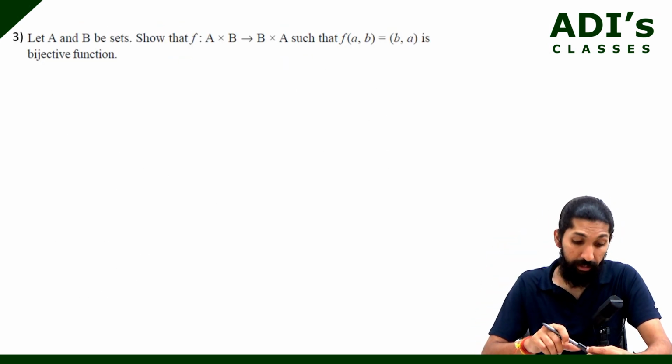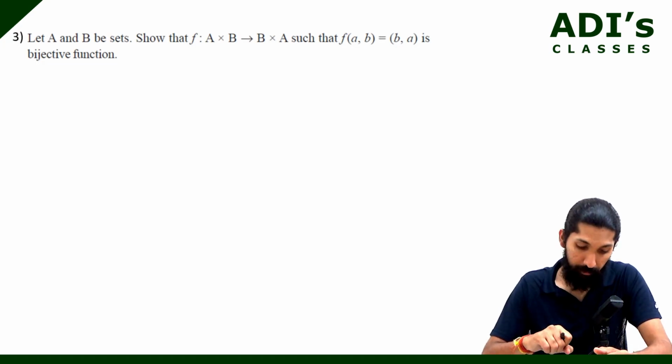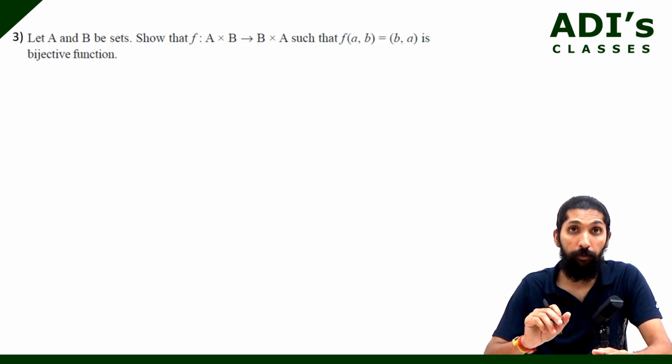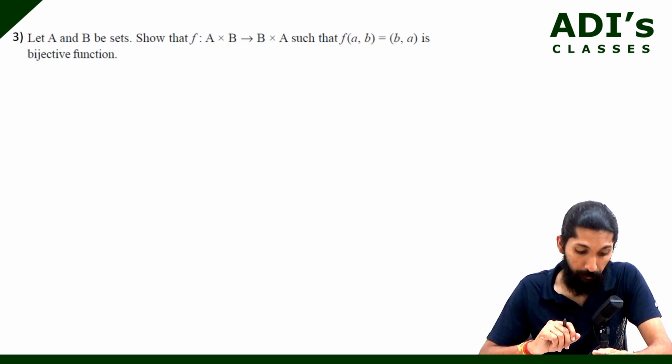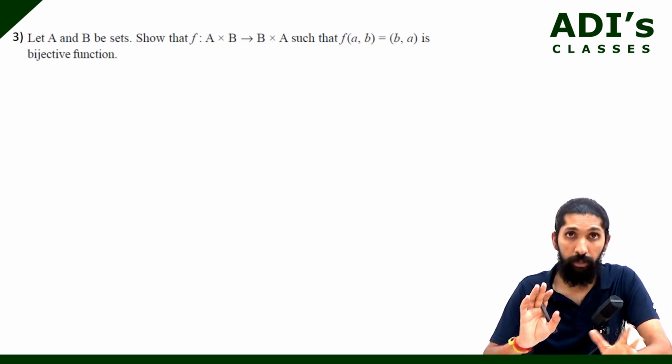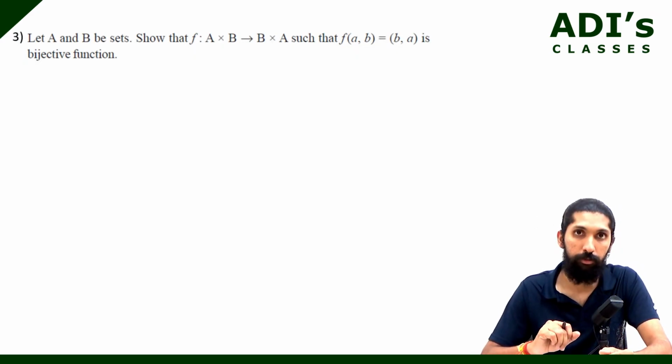Let A and B be sets. Show that f from A cross B to B cross A such that f of (a, b) is equal to (b, a) is a bijective function. Very, very easy question.